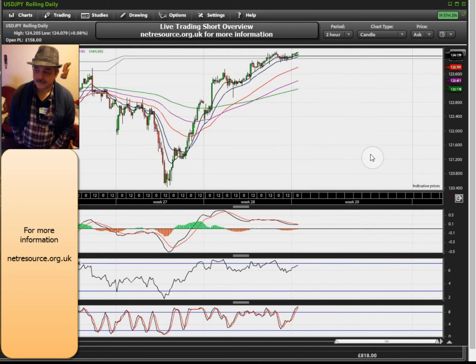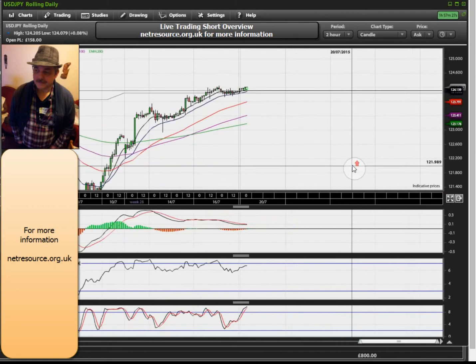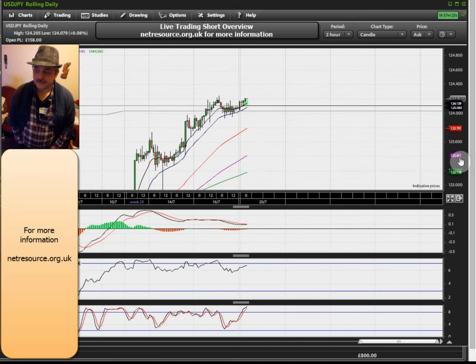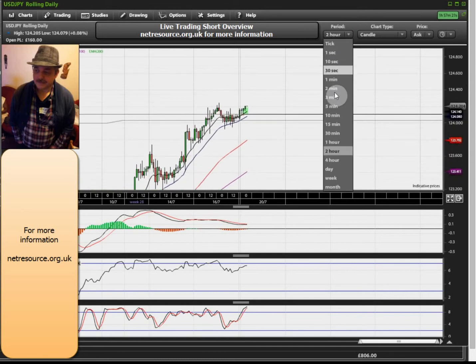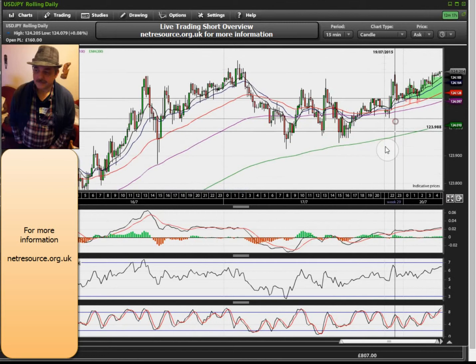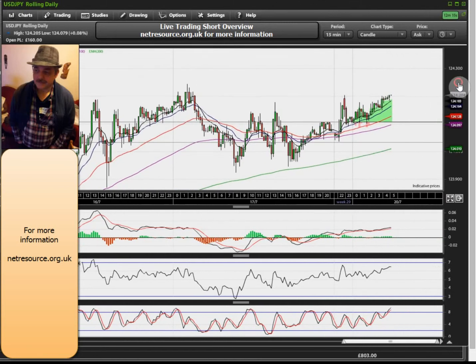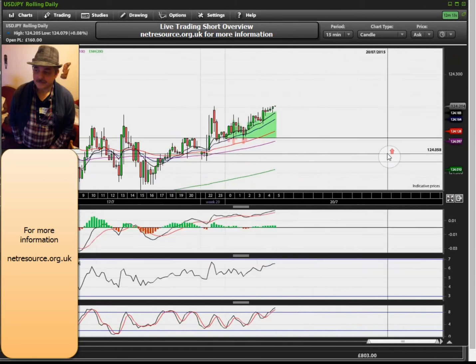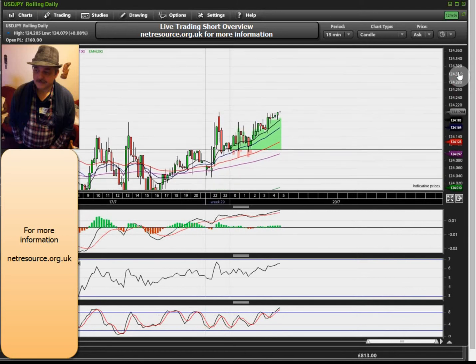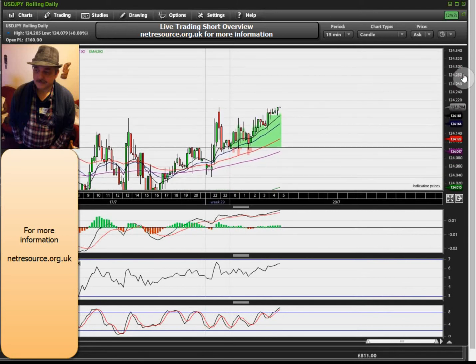I'm not particularly happy that it's going to continue past that previous resistance level. Just take a look at the lower time frame there. Okay, well, I may take some partial profit there.